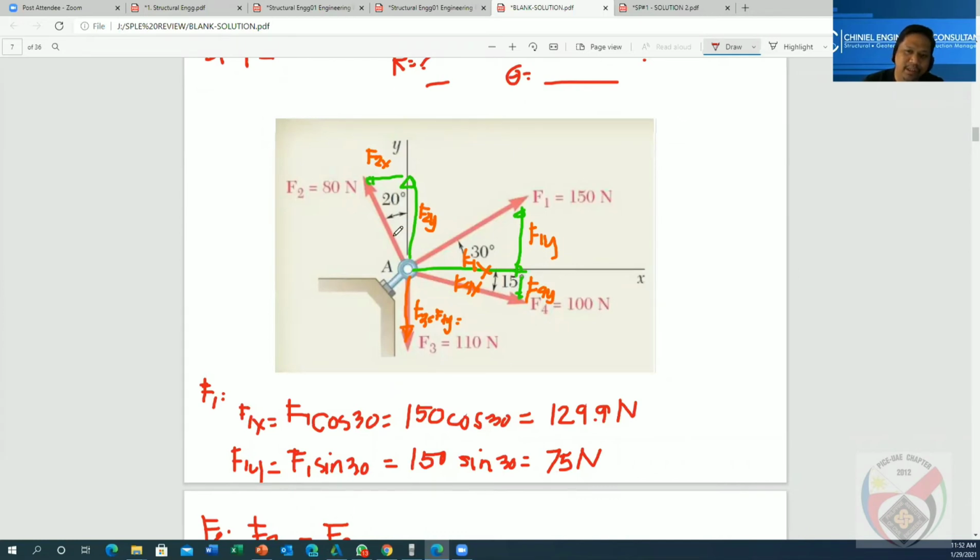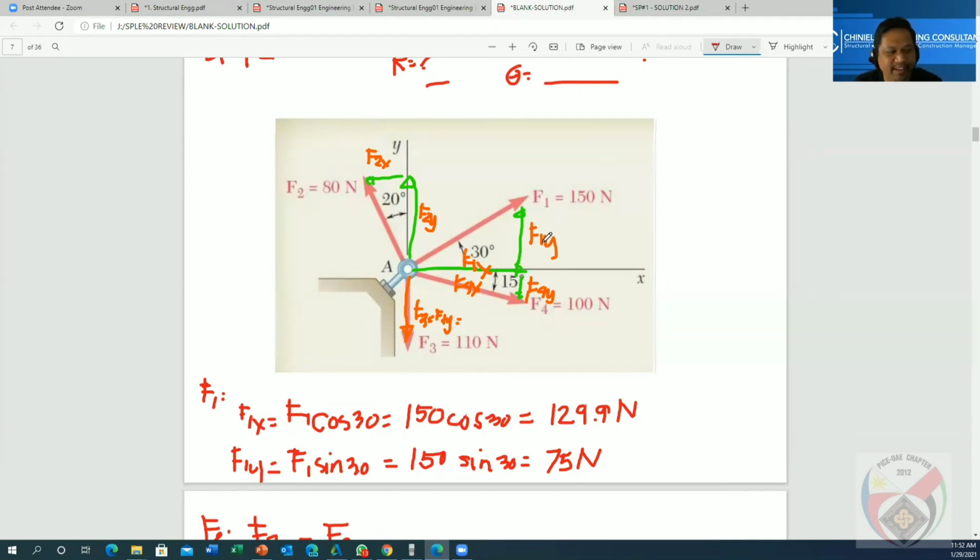So, since this is the angle, F2x is opposite, so we are going to use the sine. F2y is adjacent to this angle 20, so we're going to use cosine for F2y. Here in F1, F1x is adjacent to angle 30, that's why we use cosine. And F1y is opposite to angle 30, that's why we use the sine. Okay?